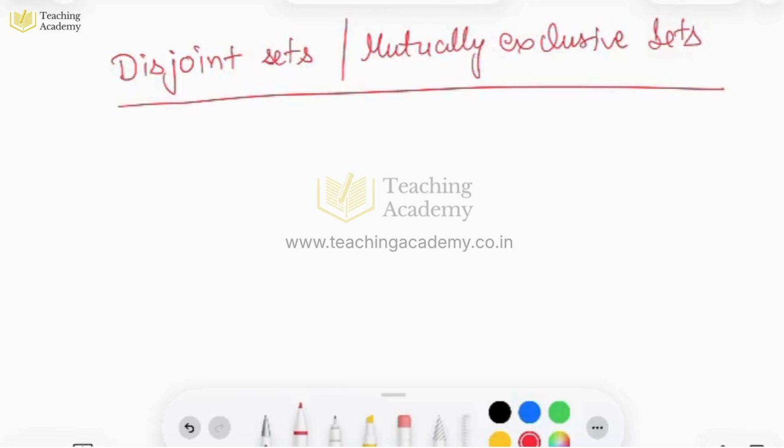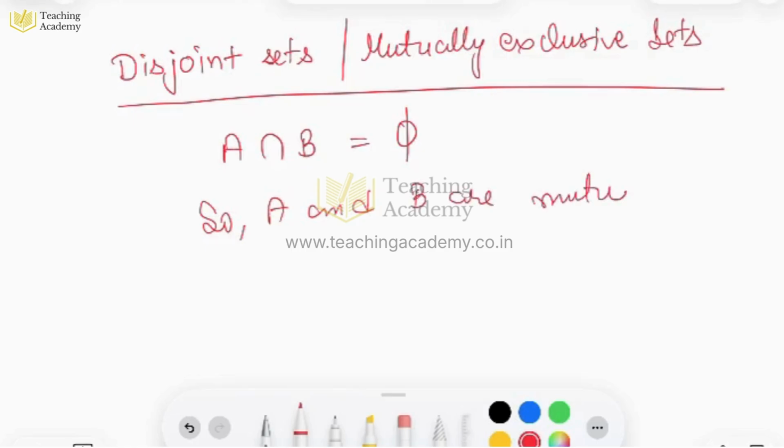And disjoint also means that there is a breaking of it, which is not even joining in any form. So whenever you see that your set A intersection B is giving you a null set or the empty set, then we can say the given sets are disjoint. So here we can say A and B are mutually exclusive or disjoint sets.